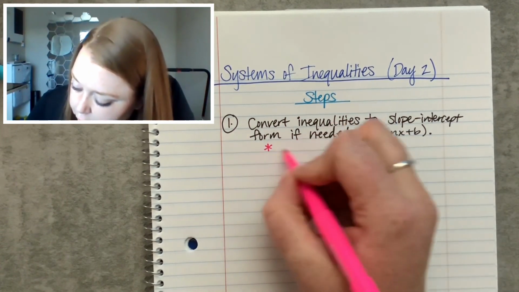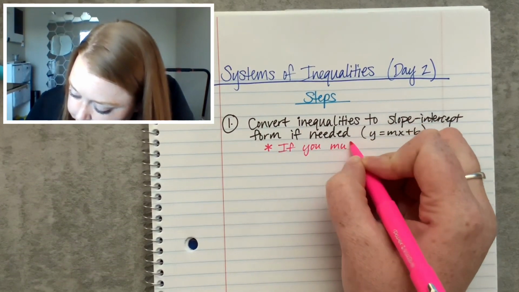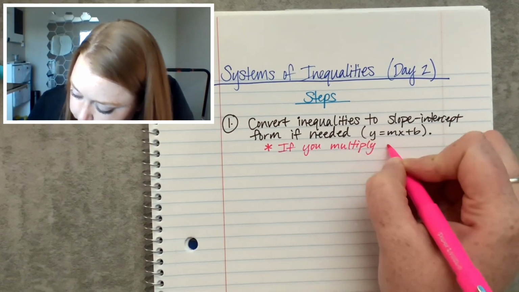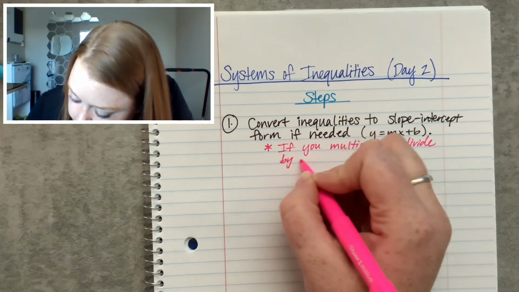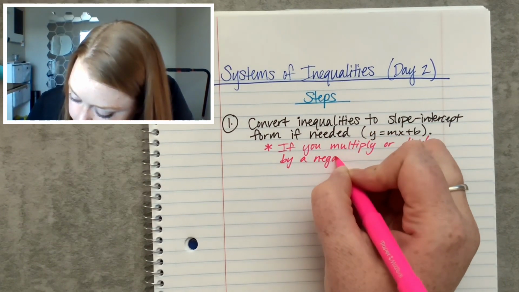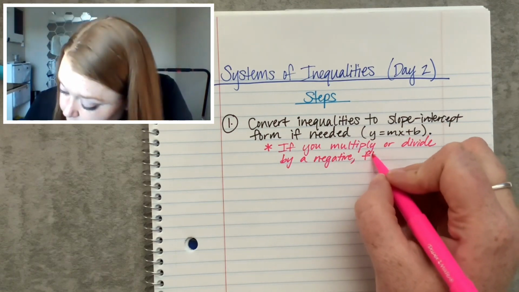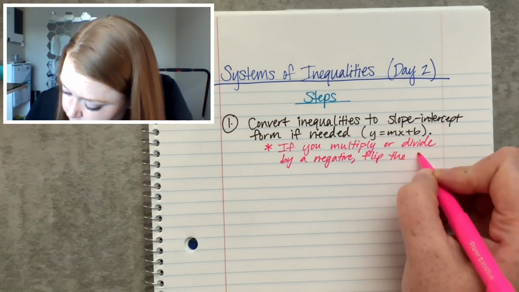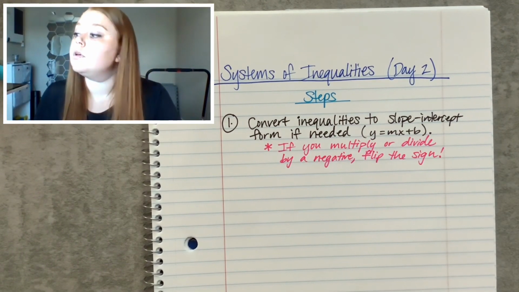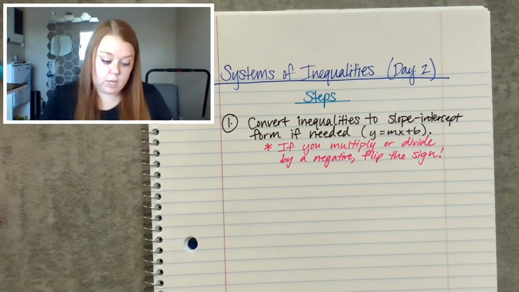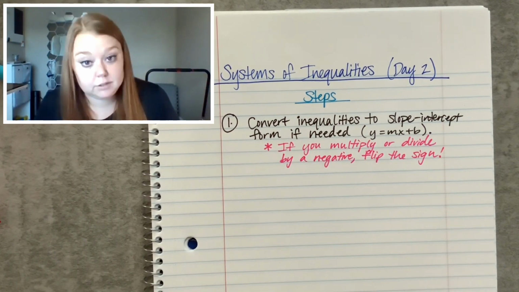So you're going to remind yourself: if you multiply or divide by a negative, flip the sign. Okay, so that's step 1. You get your inequalities nice and pretty and ready to be graphed.